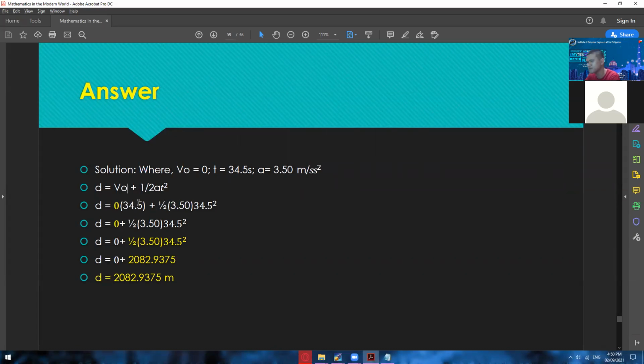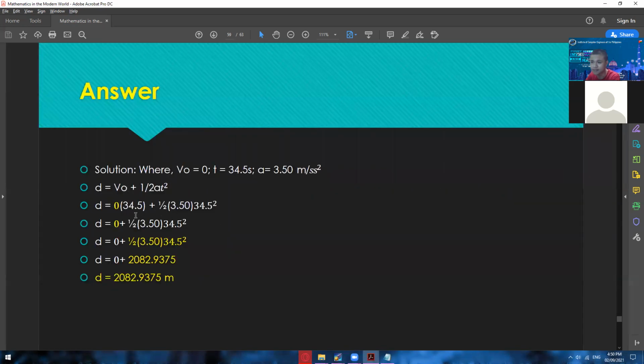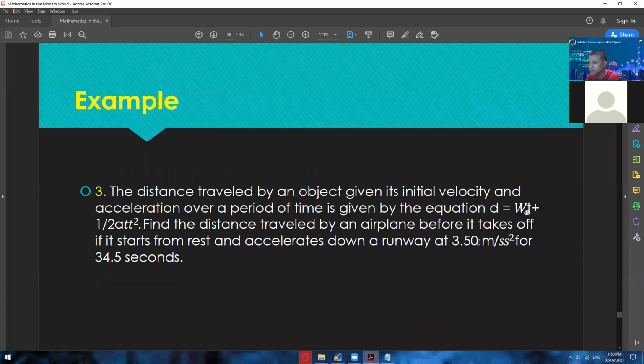I will fix this one later on, and then I will re-upload the fixed presentation. Well, anyway, so this one is already 0, since 0 multiplied by this number is 0, and then whatever is the computation of this one will be 2082.9375. So he was able to travel 2082.93 meters with this kind of speed, and with a time span of 34.5 seconds.